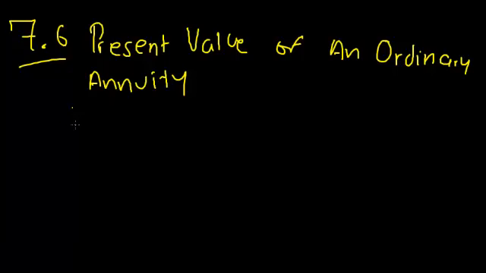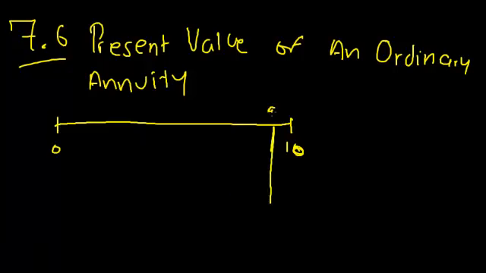So let me start you off by showing you the timeline for this, which is the best way to represent anything. 0. Let's use the previous example as the same one, for 10 years. And let's say you put in the $1,000 you invested last time. This is the 9th year, it's the 10th year.